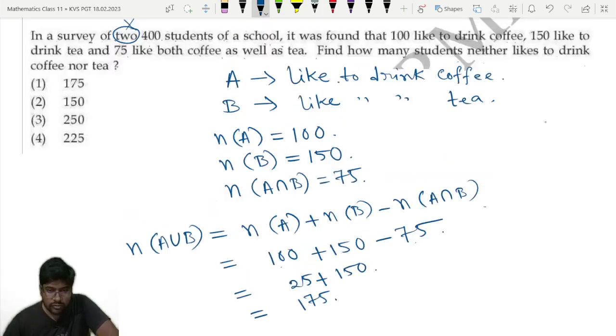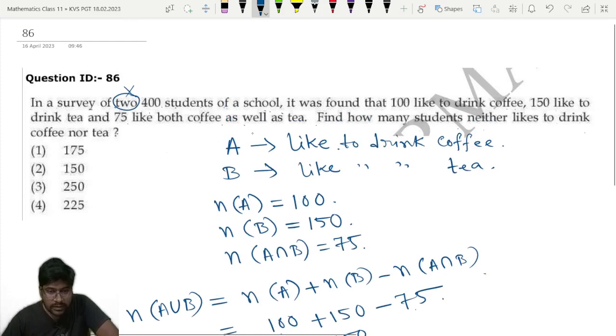Okay, so what is the question then? Find how many students neither like to drink coffee nor tea.